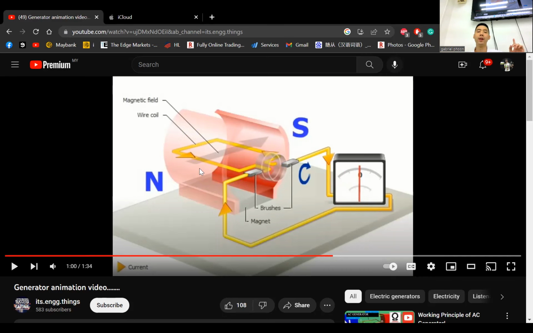What is being provided? Definitely the magnetic field. They will give you north and south already. So do they provide movement or do they provide current in this scenario, which generates either movement or current? They provide current or they generate current? They generate current. So Fleming's left hand or right hand?